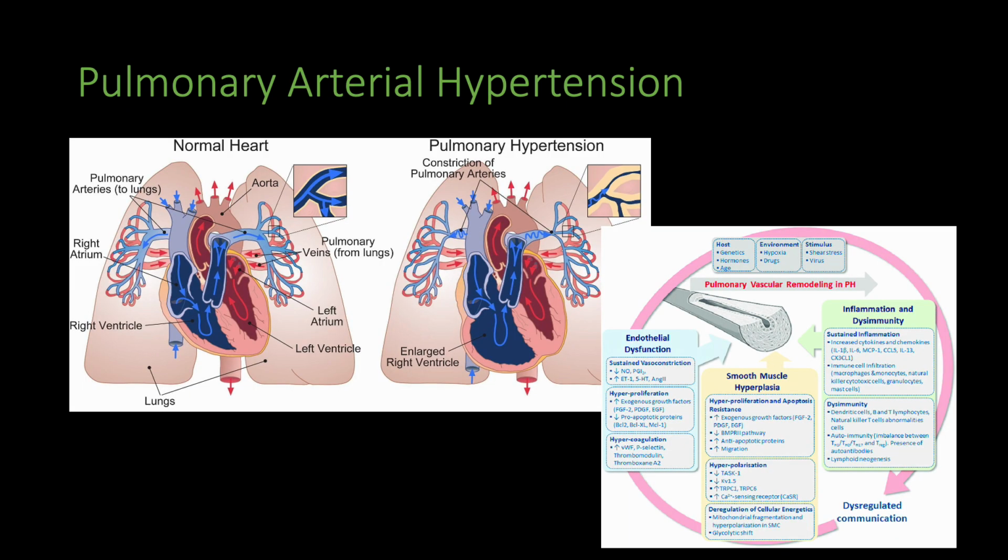So let's see. Pulmonary arterial hypertension, this might look like a lot of things here, but it's actually not. Think of arteries as blood going away from the heart.